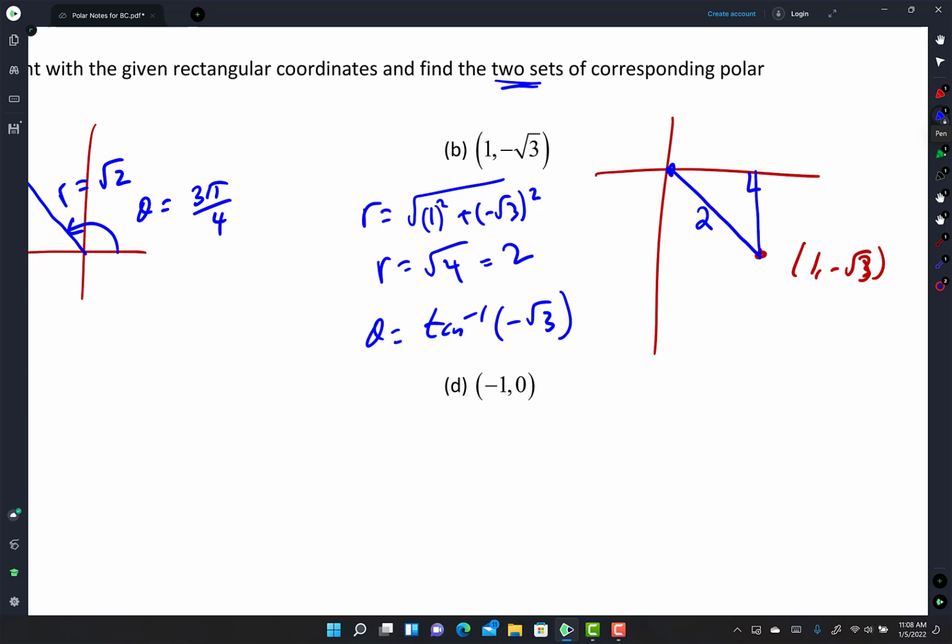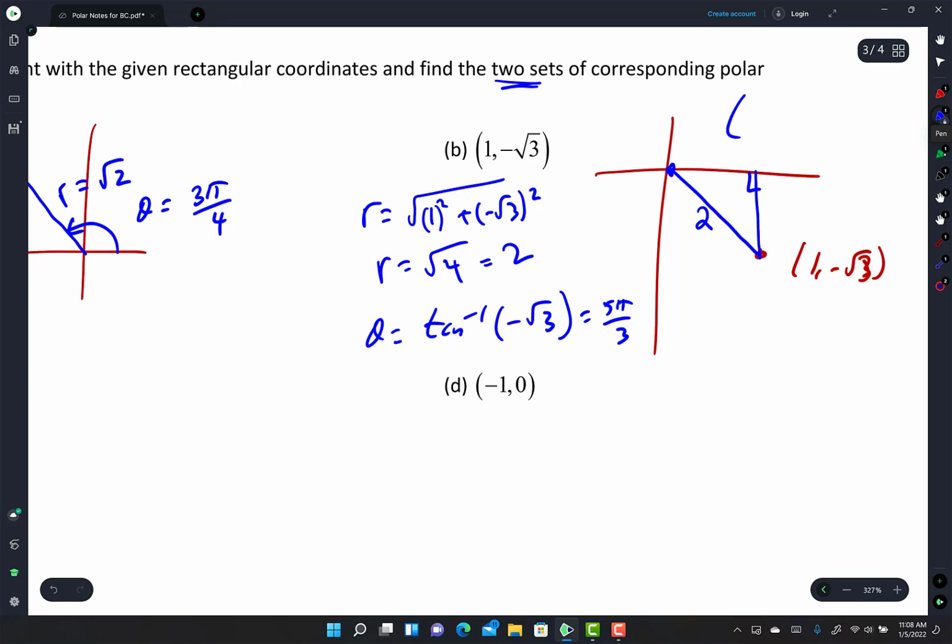So let's think about it. On the unit circle, it's in quadrant 4, you already know that. So in quadrant 4, where is the y value? Negative square root of 3 over 2, and the x value a positive half. So there it is, guys.